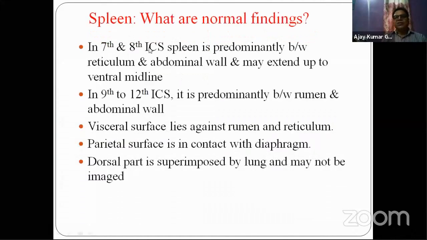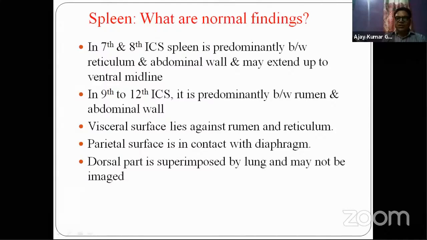The spleen in the seventh and eighth intercostal spaces is predominantly between the reticulum and abdominal wall, and in the ninth to 12th intercostal spaces, it is predominantly between the rumen and abdominal wall. As you all know, the visceral surface of the spleen lies against the reticulum and rumen, whereas the parietal surface is in contact with the diaphragm.